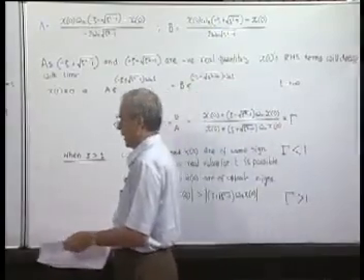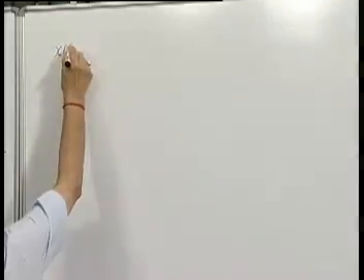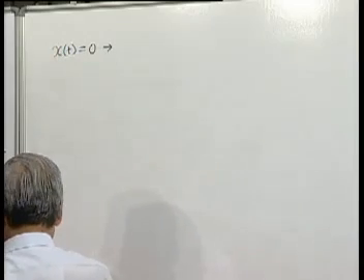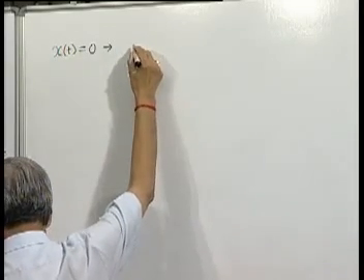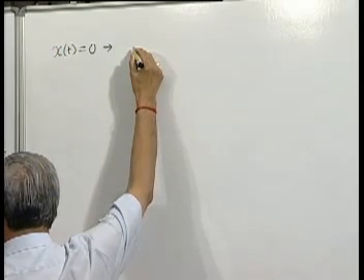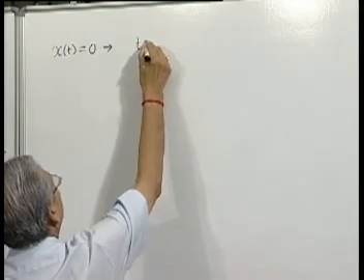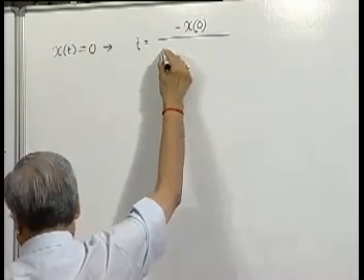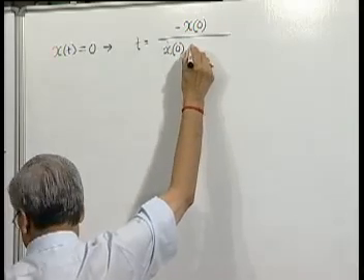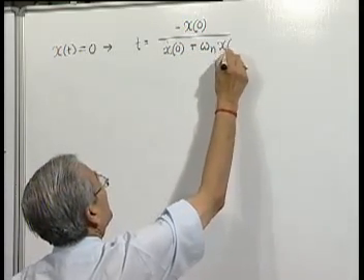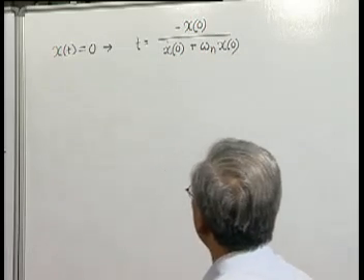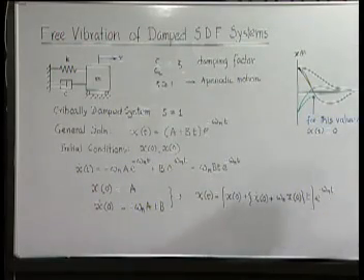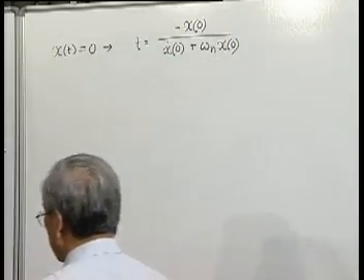That means whether x can be 0. Now here x of t will be 0 means two conditions: when t tends to infinity, or as before there will be another situation when this is equal to 0.